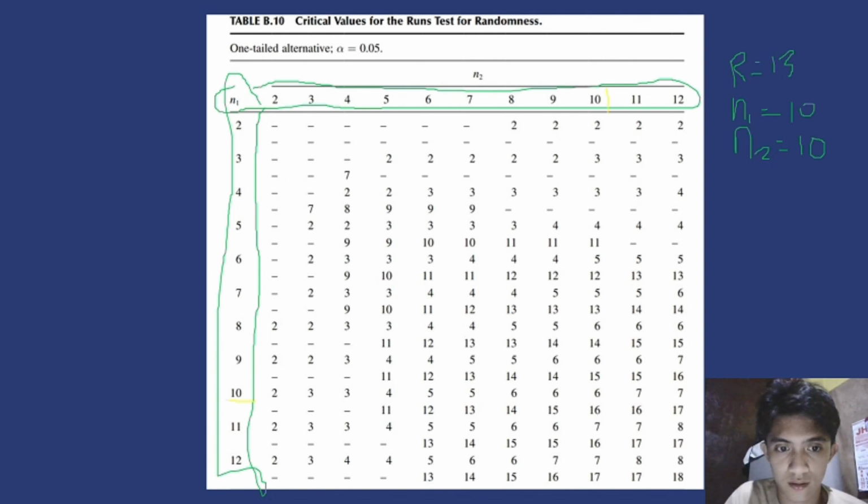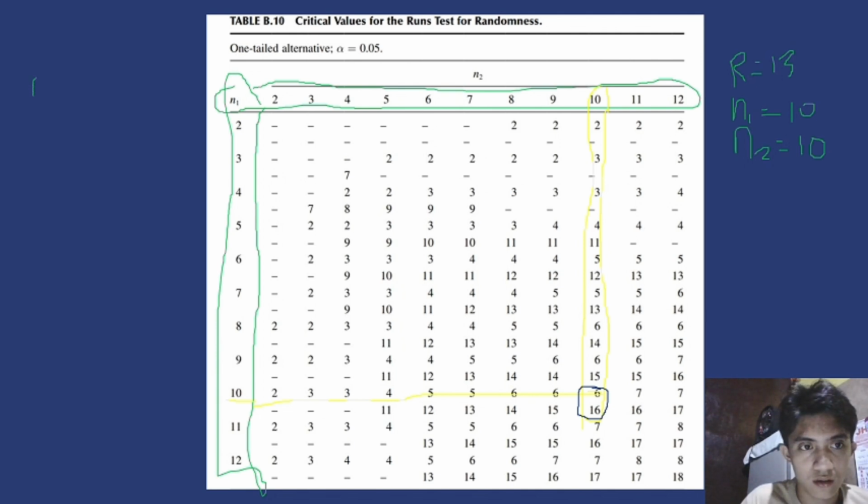So, here, n1 is this, and n2 is this. As you can see, there are two values there, the 6 and 16. Right? So, those values are our critical region.